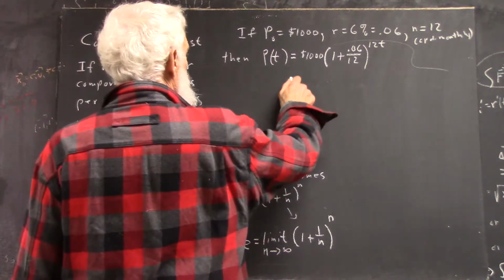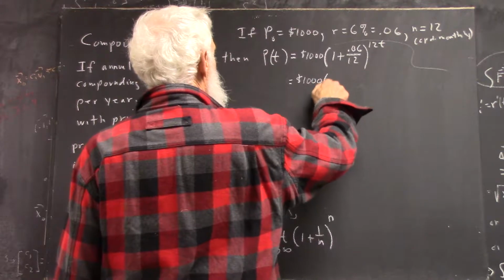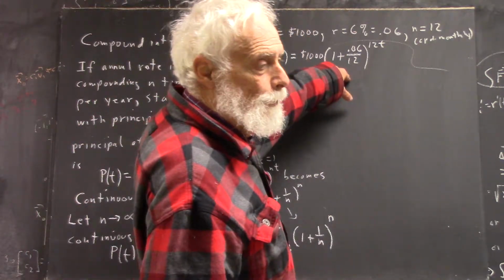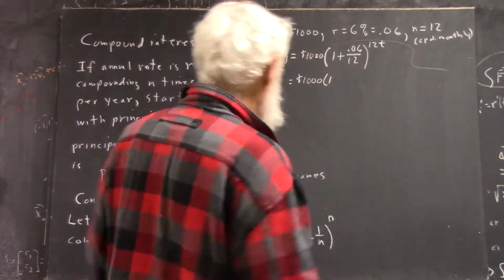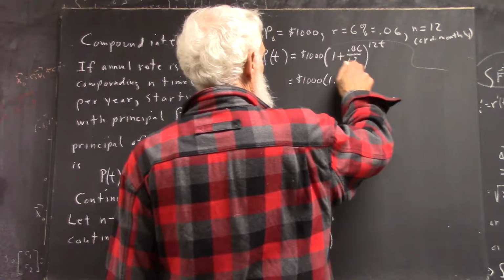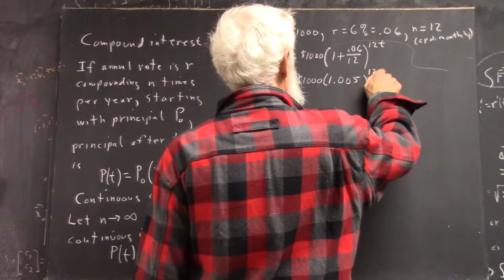Now we can simplify that a little. 0.06 divided by 12 is 0.005, and 1 plus 0.005 is 1.005. Just do the arithmetic, simplify what's in there. And that's raised to the 12t.